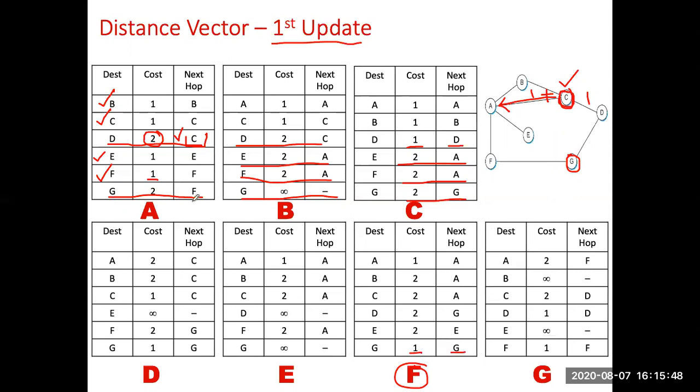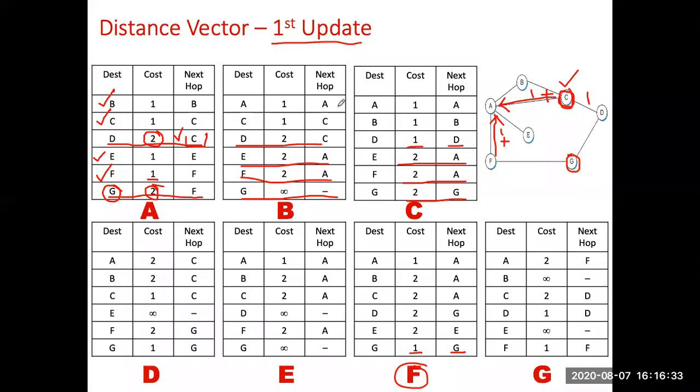When F shares the information with A in the first update, A will get to know that it can reach destination G with cost 2. The cost to F is 1, plus the cost to G is 1, so the total cost is 2, and it can be reached via F.